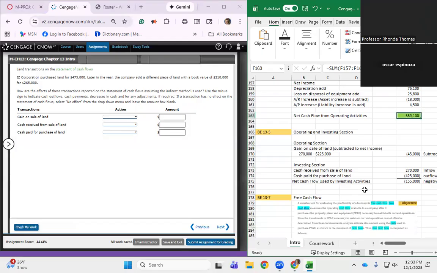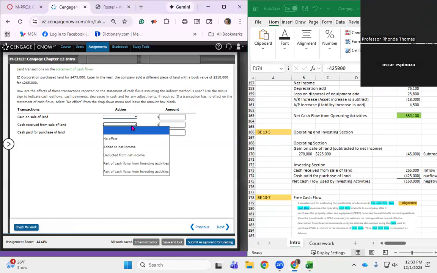So the cash we received from the sale of the land, I've got 265,000. You say, what about the book value? We'll get to the book value in a minute. Okay, just put down how much did we receive from selling that land. Okay, we received 265,000.